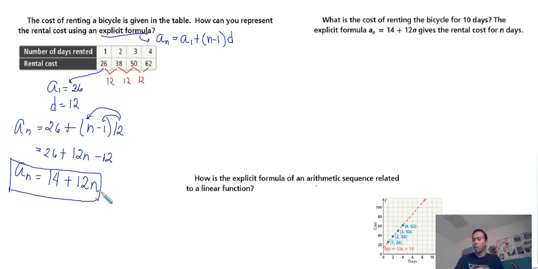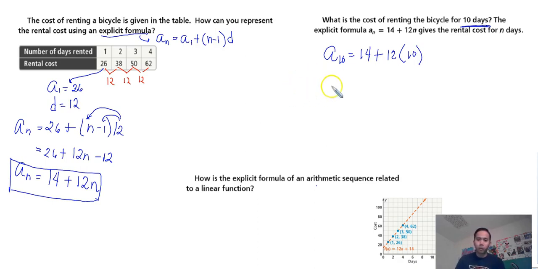All right. Letter B. What is the cost of renting the bicycle for 10 days? So you are looking for the 10th day, and we know that n is the number of days. So the only thing you have to do is a10 is equal to 14 plus 12 times 10, because your n is 10.